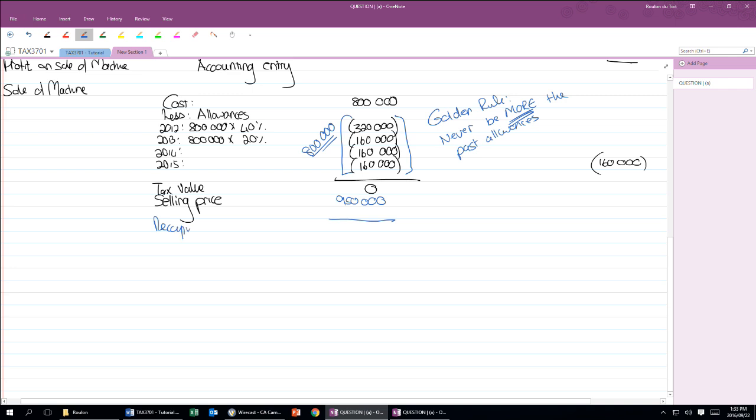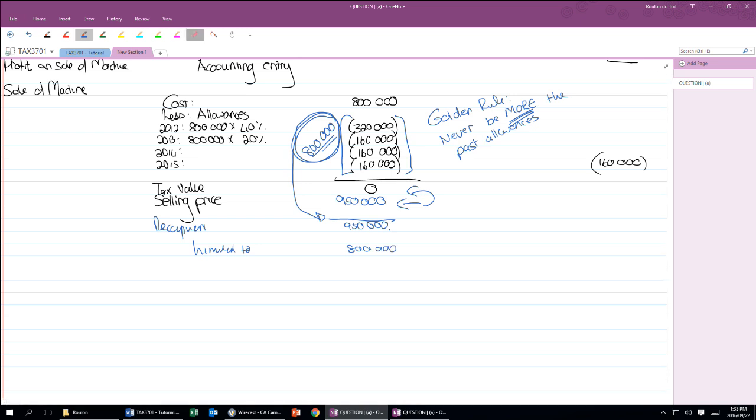If we calculate the recoupment, we'll say 950 minus 0, and that is 950,000 rands. So what's the issue we've got here? Our recoupment can't be more than 800,000 rands, but now we've calculated it as 950,000 rands. So you can either state it is limited to 800,000 rands. You can do that if you'd like.